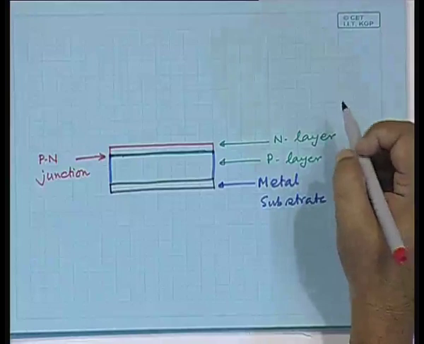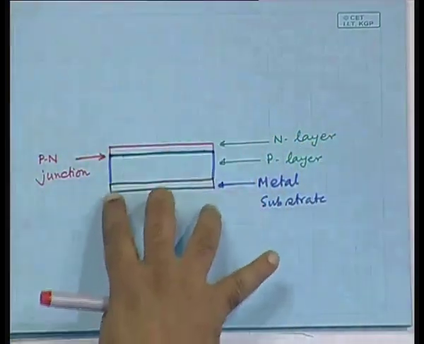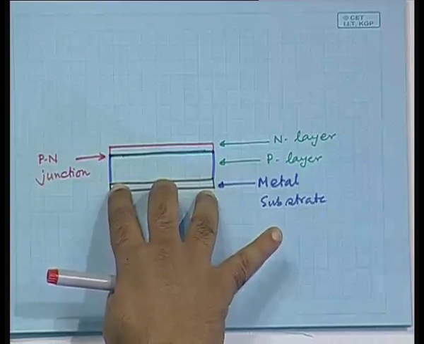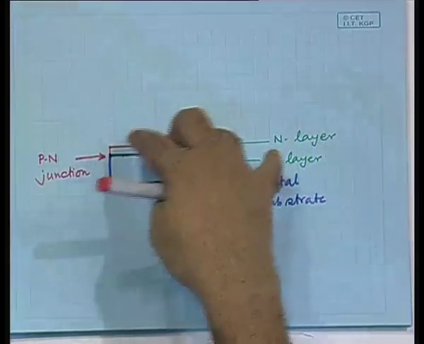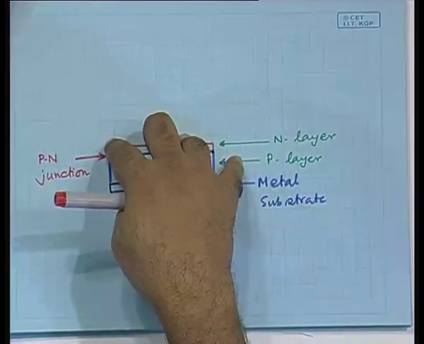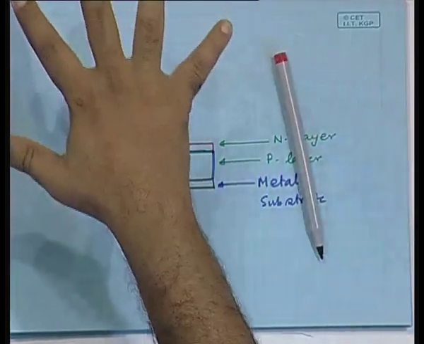But there has to be some way of collecting the charge there. At the bottom side, collecting the charge is no problem because you already have a metal contact, but at the top you only have a p type semiconductor level. There has to be some way of collecting the charge. So, the way to collect the charge is to lay a grid of metal. The more extensive the grid, the more will be the blocking of the sunlight, remember. So, you have to allow certain maximum amount of sunlight to pass through.